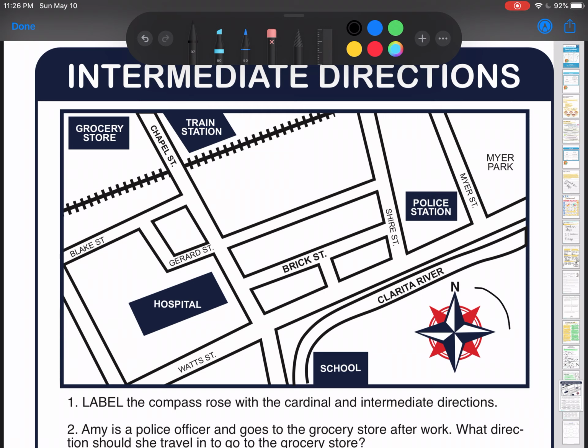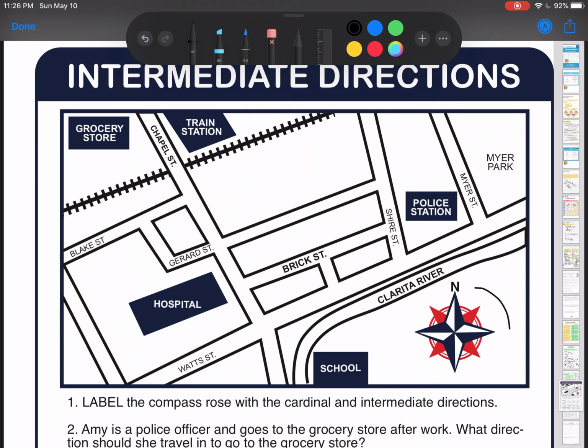So this one here would be northeast. This one here would be southeast. This one here would be southwest. And this one here would be northwest.